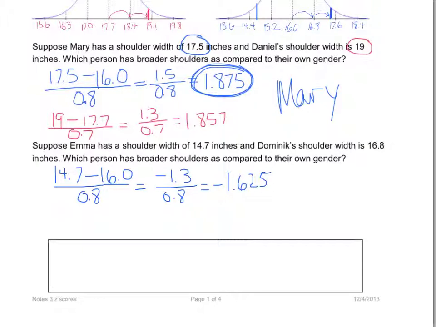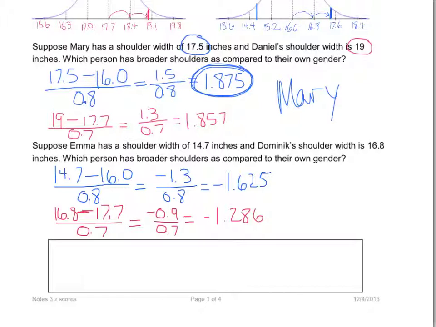Yep, he is under the mean also, so we're going to get a negative number here. So 16.8 minus his mean, which would be 17.7, and then we'll divide that by 0.7. So we get negative 0.9 divided by 0.7, which gives us about negative 1.286 approximately.